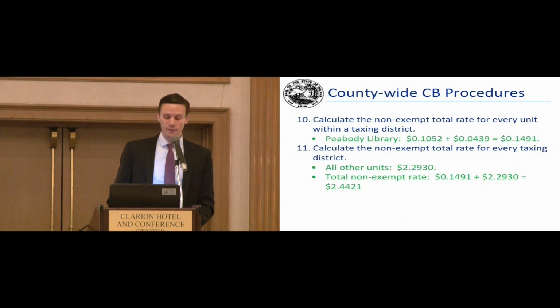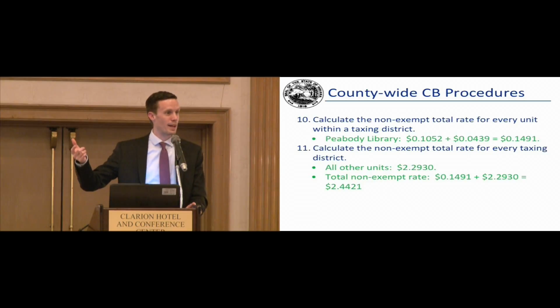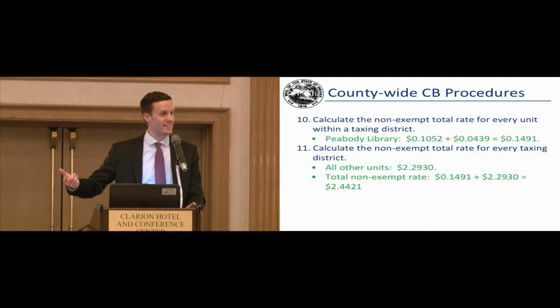We're then going to identify what the total non-exempt rate is going to be for every unit within a taxing district. So Peabody Library is 10 cents plus the 4 cents, and we get $14.91. So again, the distinction between the rate we're calculating here and the one from the previous slide is that we're now accepting the fact that there's going to be protected funds in the calculation.